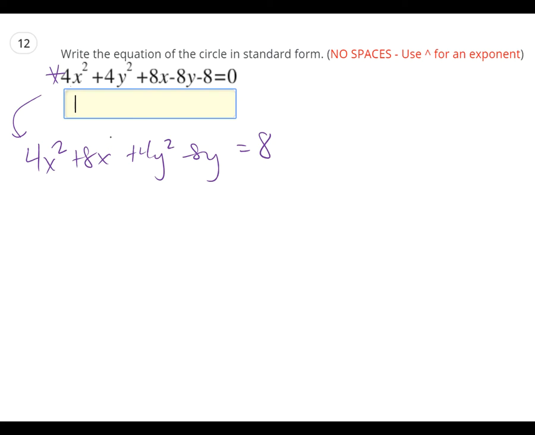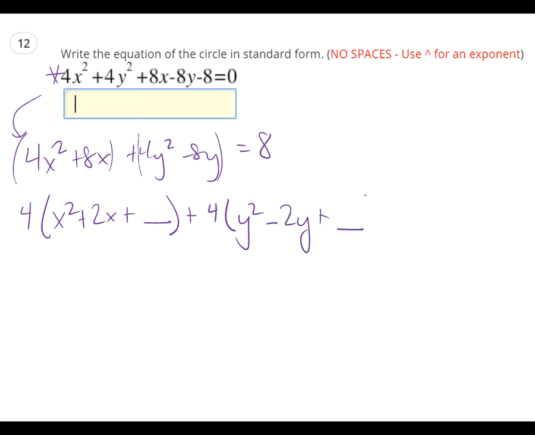Alright, I've got to look at the two groups now kind of individually. What can I take out of that first group? 4. And I'm left with x squared plus what? 2x, and this is where we put in the blank. What am I going to take out of the second group? Also a 4. We're left with y squared minus what? 2y plus 1.